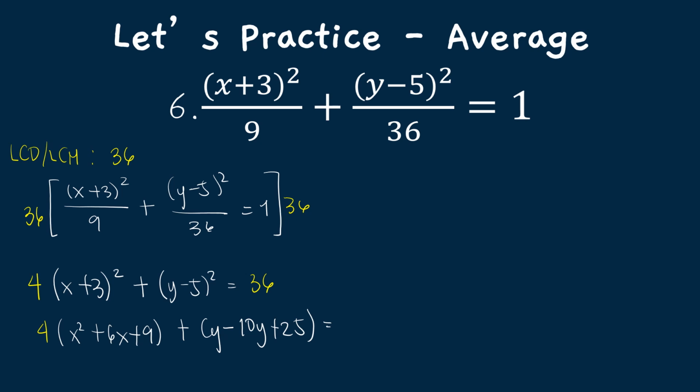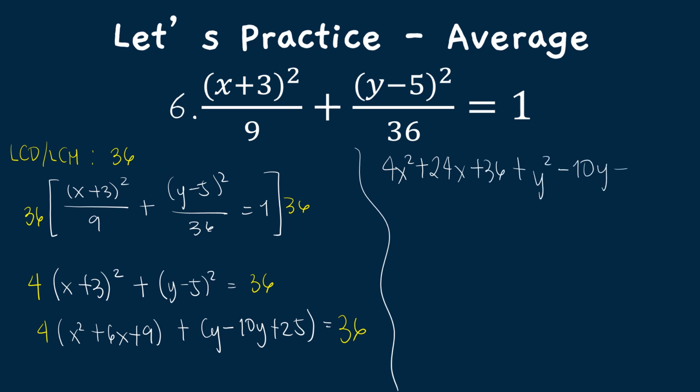And then after the step that we have expanded our binomial, we can now distribute 4, and your answer will become 4x squared plus 24x plus 36 plus y squared minus 10y plus 25. Then you can now transpose 36 to the left side, so minus 36 is equal to 0.